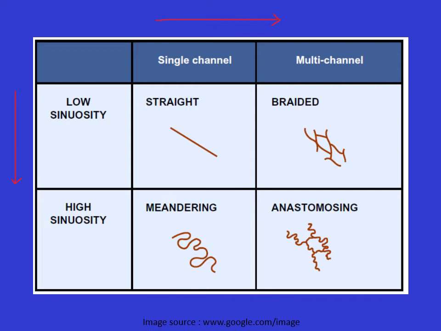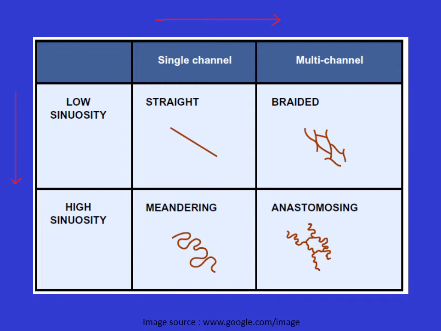That means number of braids, that means number of those small channels across the river. And of course it is measured for a particular unit distance. Suppose it is measured for say 10 meter, or for say 100 meter. So within a fixed distance, how many channels are there across the river.